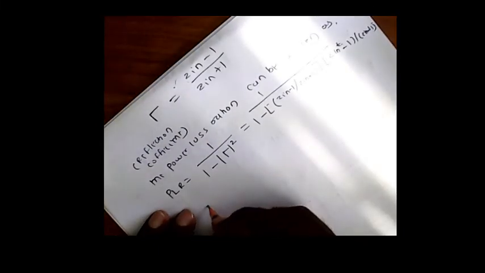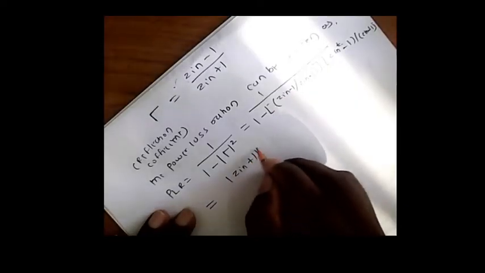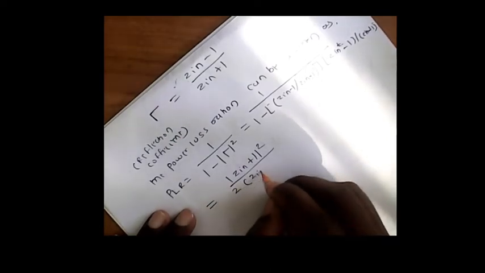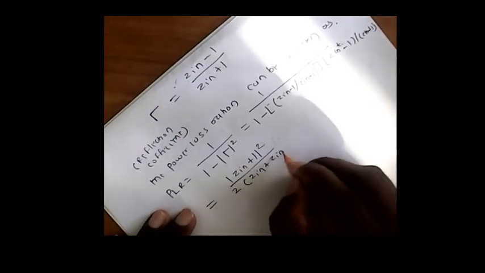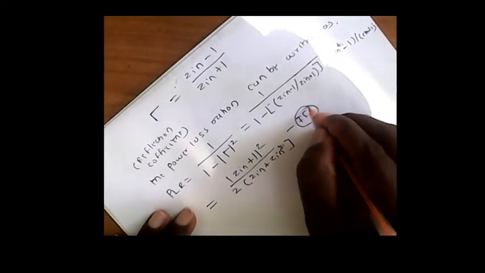After solving, we get Zin plus 1 whole square divided by 2R times Zin plus Zin complex conjugate. This is equation number 3.